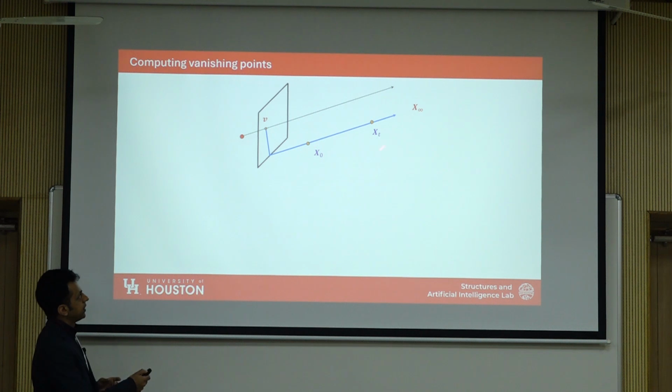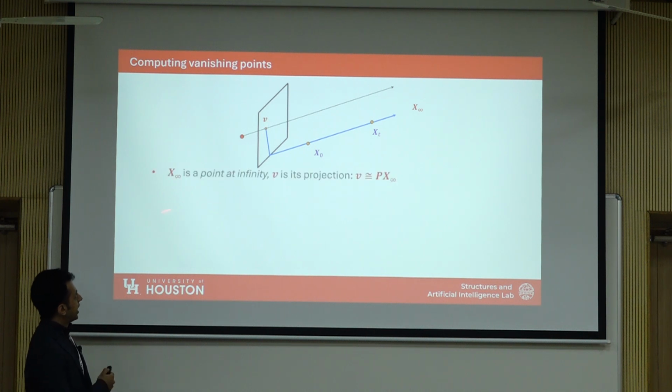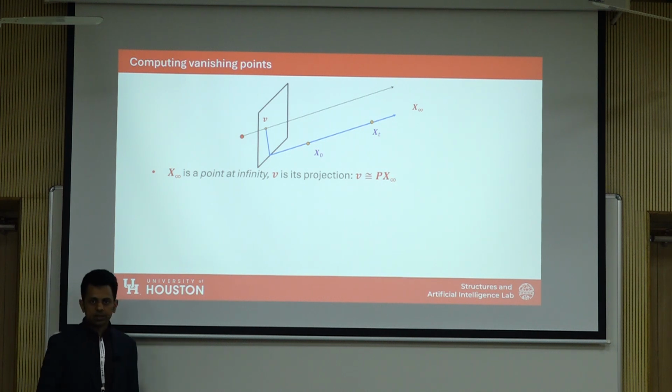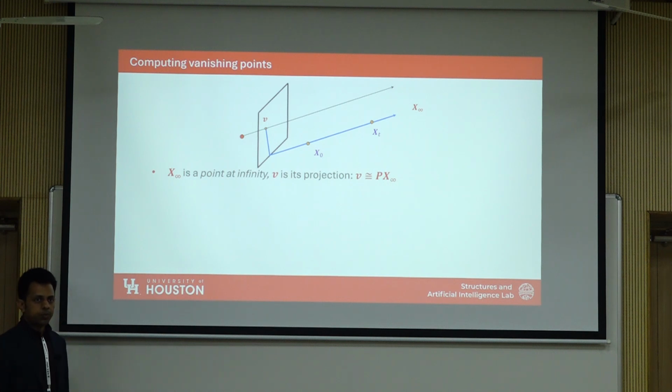So we have some point x naught, and then we have x infinity, with parallel lines that intersect at infinity. x infinity is a point at infinity, and v is the projection of x infinity. So v is equal to P times x infinity, where P is the projection matrix we don't know.